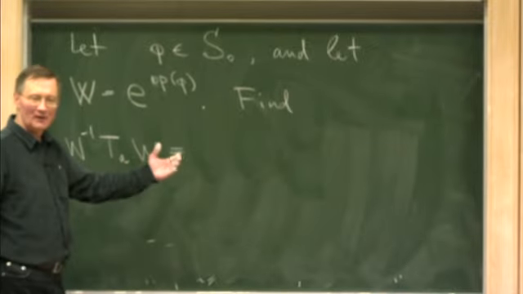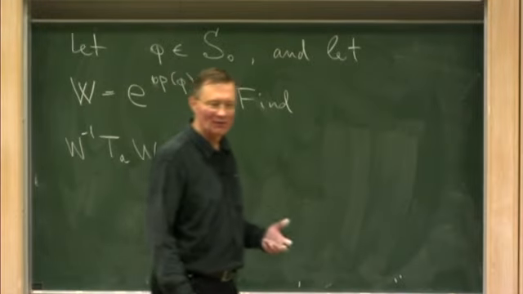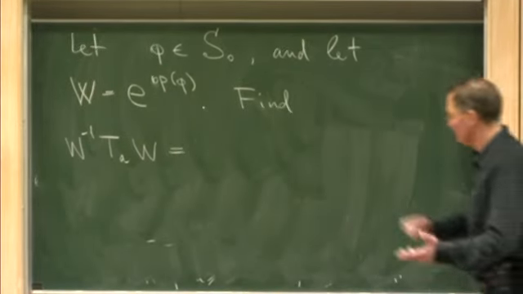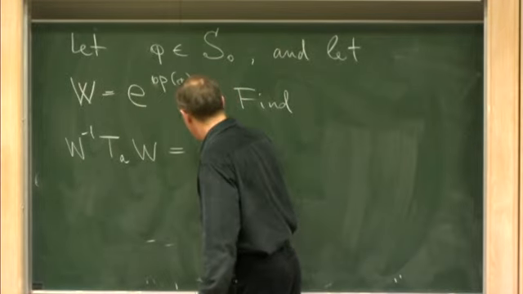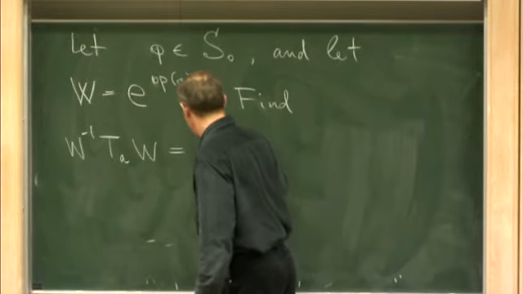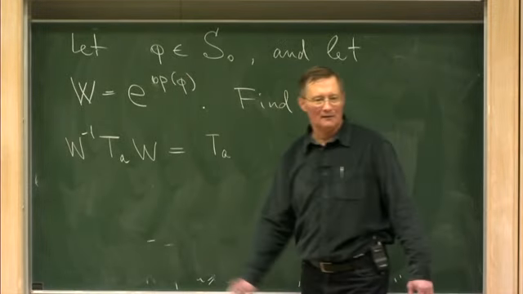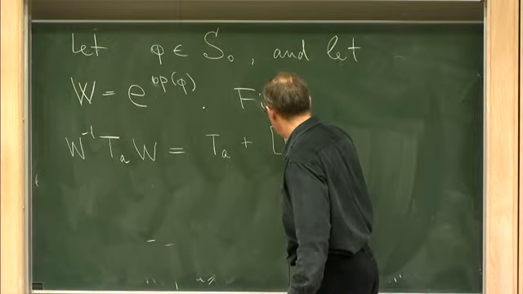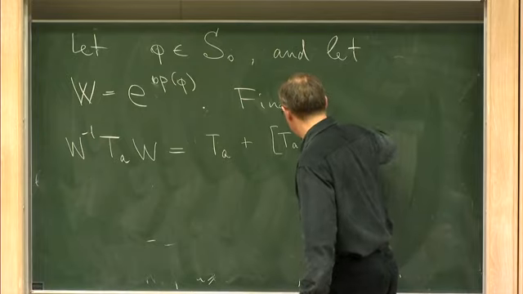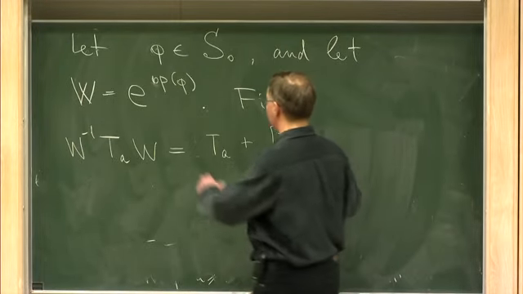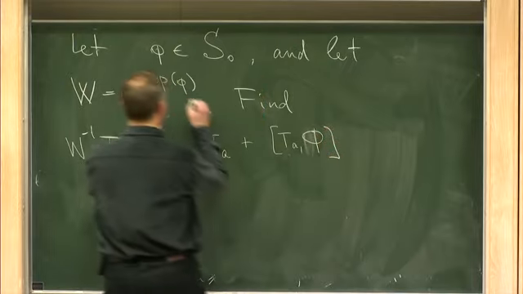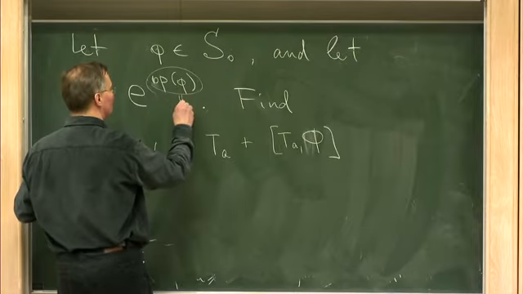How do you rewrite this? This is some kind of Duhamel formula, or maybe there are some other names for it. So let's write this down. First of all, we have TA. This is the first term. Then we have TA commuting with this operator, which I denote now by capital Phi.